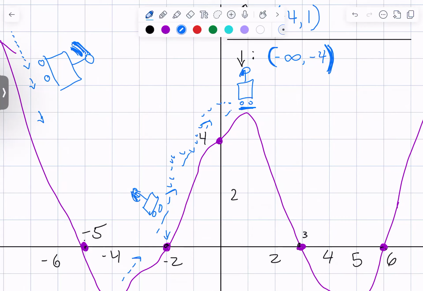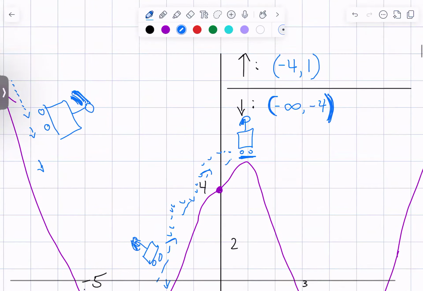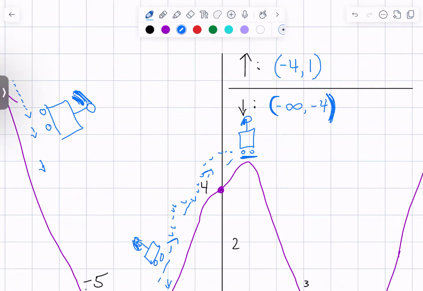And then it starts. Once you look at that horizon, you're neither increasing nor decreasing. You're not going up this roller coaster, you're not going down, you are looking straight ahead. So at that moment, at 1, is that moment.